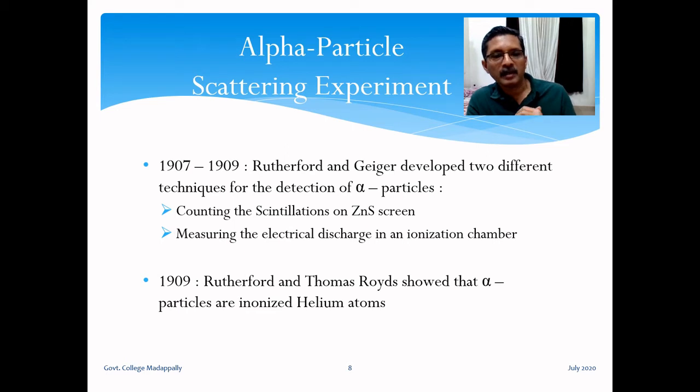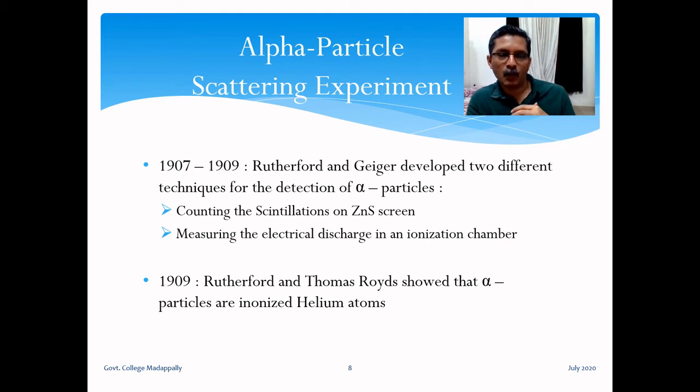In 1909, Rutherford and another PhD student, Thomas Royds, showed that alpha particles are ionized helium atoms, helium atoms where the 2 electrons are removed. In today's terms, we say that alpha particles are helium nuclei, but at that time the idea of nucleus was not there. So, ionized helium atoms.